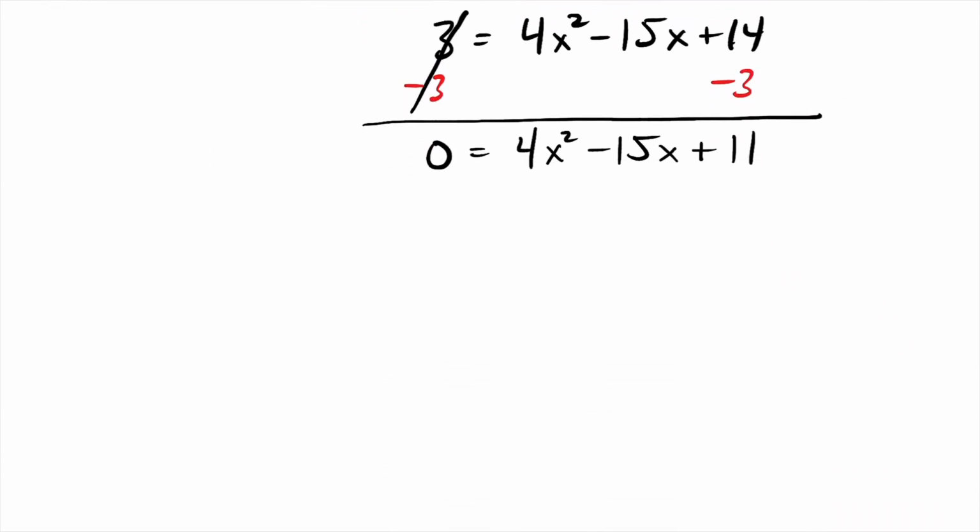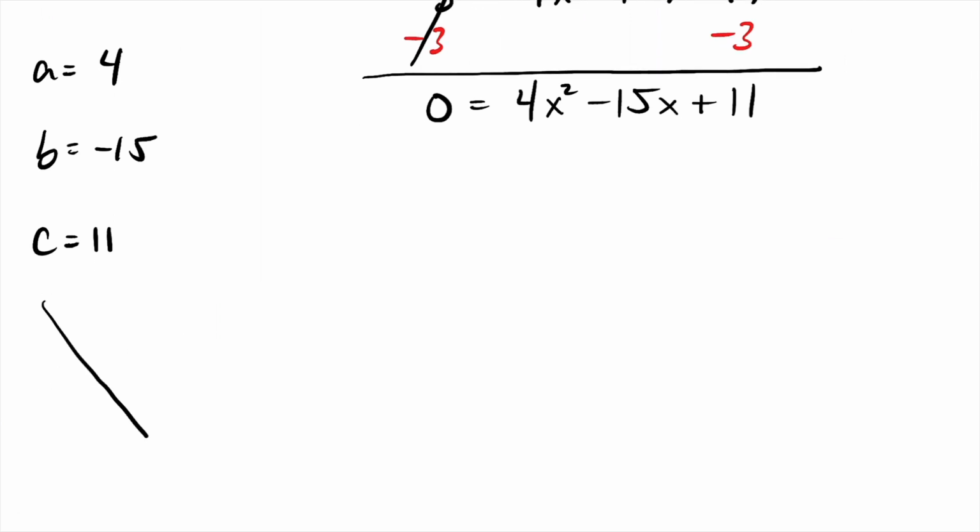Okay. So now GCF, besides 1, I don't think there's a GCF. So let's go right to ABC. A is 4, B is minus 15, C is positive 11. So we get 44 and negative 15.